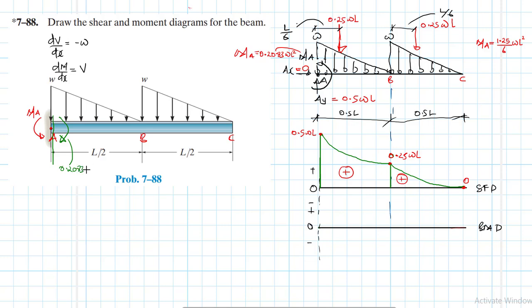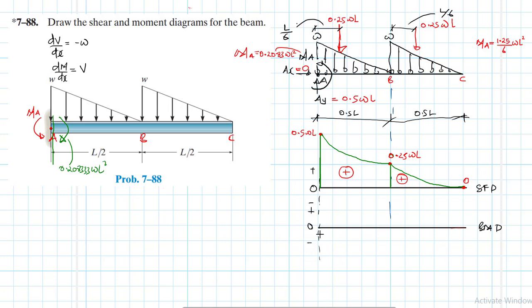Same as MA, which is just 0.20833 WL squared, all right, same magnitude. And this is the one that we are supposed to use when you're using this method. Every time you come across an applied couple moment, you need to section on the side of interest, and then use that as the moment in your diagram.